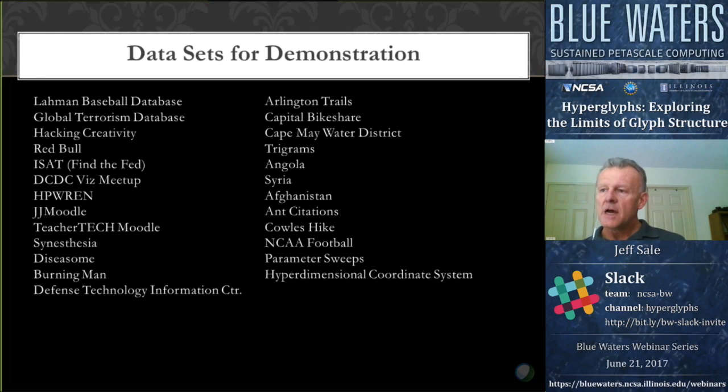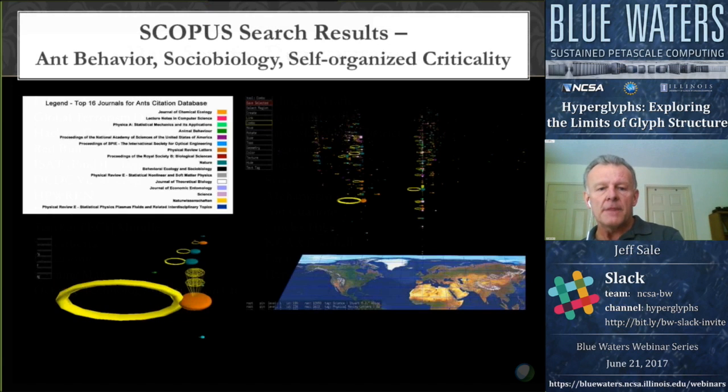Okay, so I'm going to go through a brief demonstration of the basic ideas behind the tool, and then show you some examples of visualizations that I have done. The very first visualization that we attempted about 4 years ago was of Scopus search results, about 17,000 search results on ant behavior, sociobiology, and self-organized criticality.